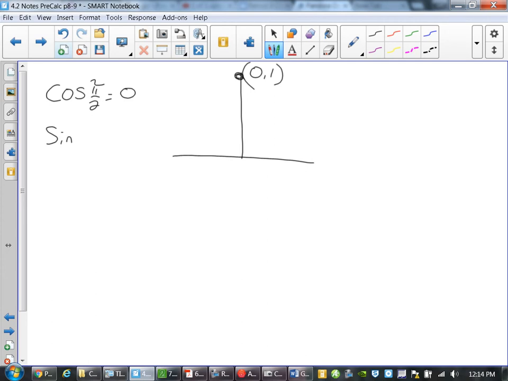Sine is 1 at pi over 2, what you should have done yesterday for your homework. Tangent of pi over 2 is going to be undefined. It's 1 over 0, so you have undefined.